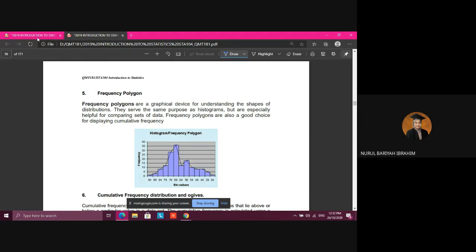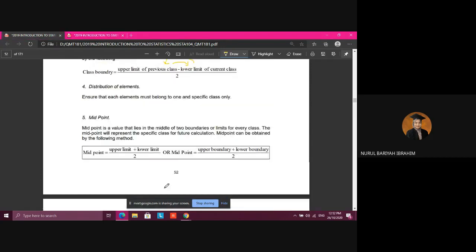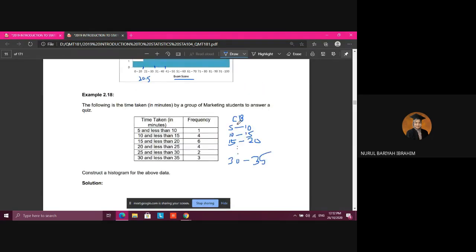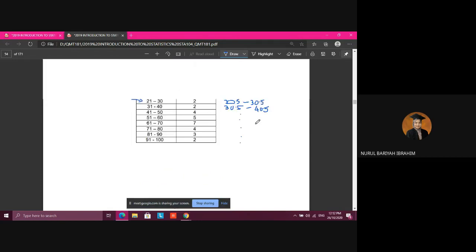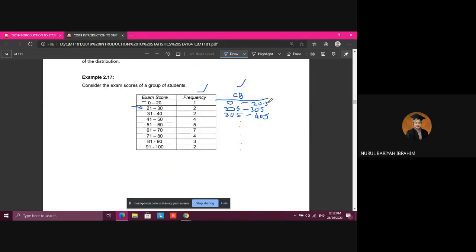So macam mana nak cari midpoint? Okay, it is midpoint adalah value that lies in the middle of the two boundaries, which is we can calculate using the upper limit plus lower limit divided by 2, ataupun upper boundary plus lower boundary divided by 2, which means kalau we have this two value tadi kan class boundaries, so 5 plus 10 divided by 2. So macam ni tadi 0 plus 20.5 divide dengan 2.